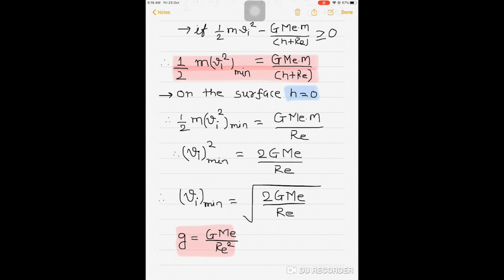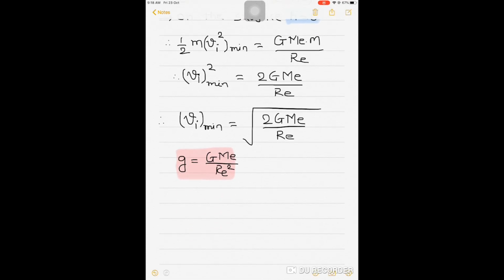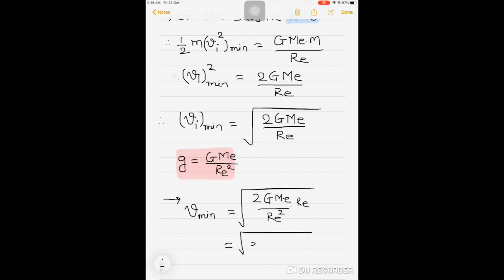So v minimum is equal to under root 2 G Me over Re square multiplied by Re, that is equal to under root 2 g Re. That is the minimum required escape speed.